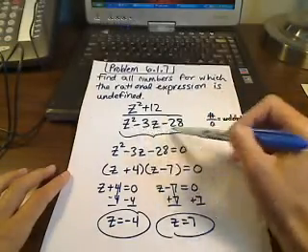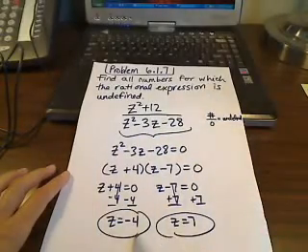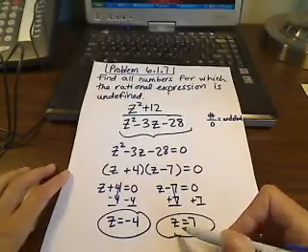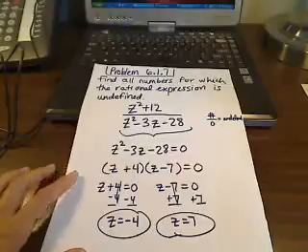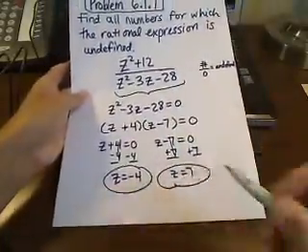When I plug it in the bottom, it's going to give me 0. So I'm going to have some number divided by 0, which is undefined, which is one of the reasons that negative 4 is something that we would exclude. The same thing is true of z equals 7. So these are your answers.